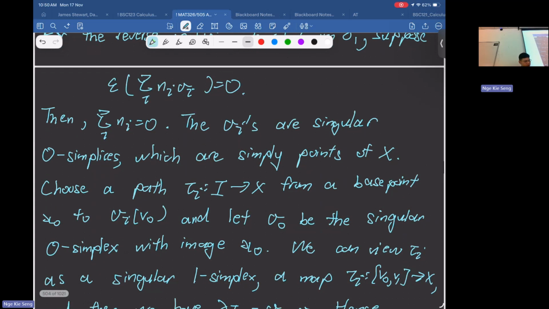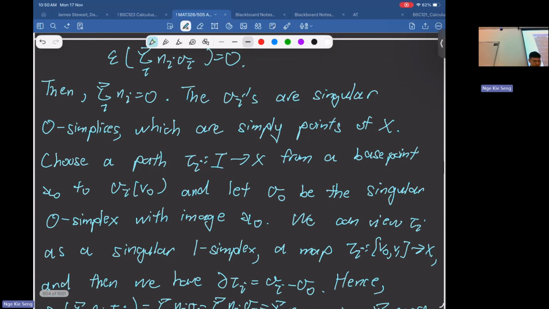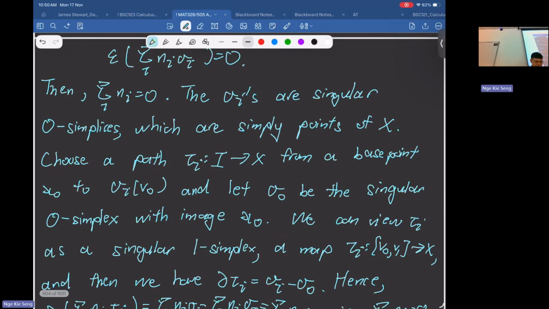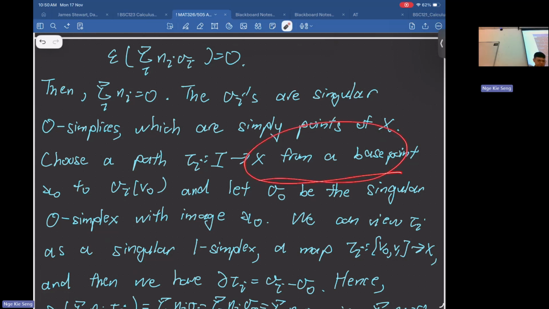The sigma_i from this computation are singular 0-simplices, which are points in X. But then how do we choose a path that works? Here is how we build it. Just choose a base point.